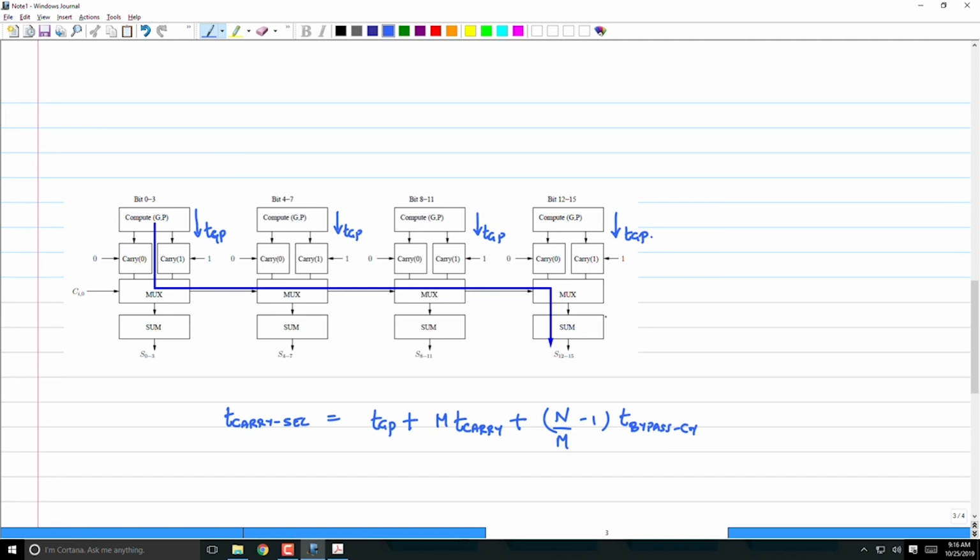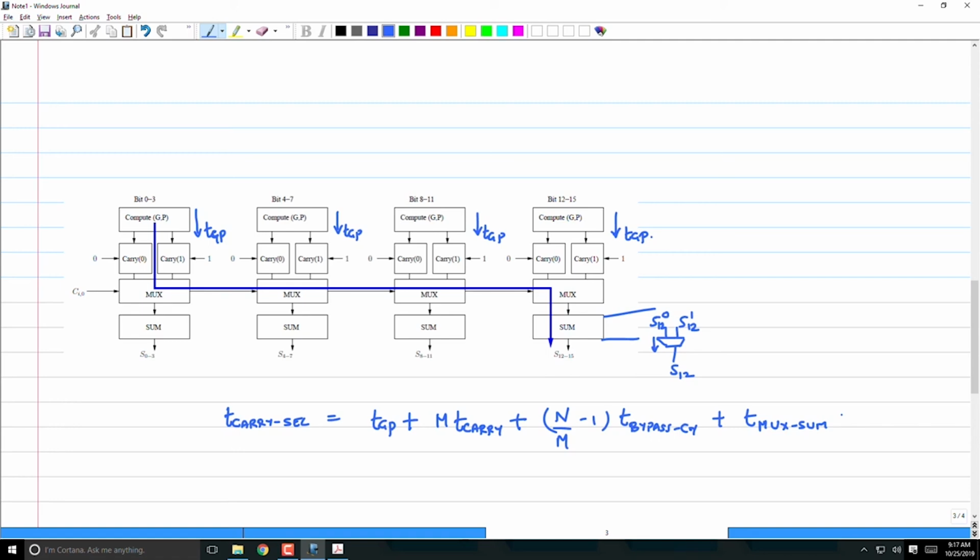Which means if you see, there is actually a similar 2:1 bypass mux here that is going to select between the sums. So this will be S12, right? And this is going to come from the 0 block, S12 of 0, S12 of 1. So therefore this bypass is plus T bypass or T mux of sum.